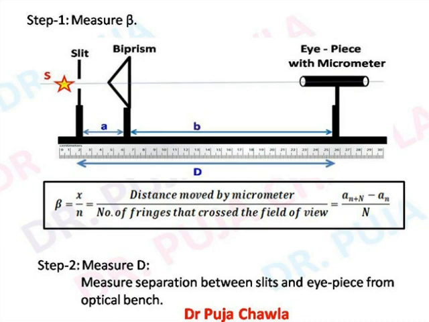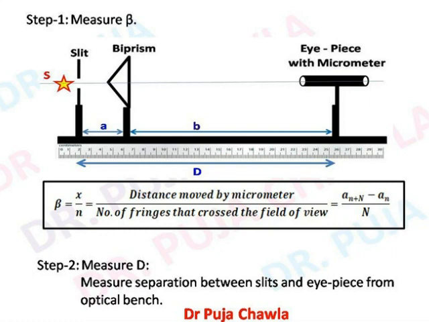Now I rotate this eyepiece and set it on the 11th fringe, and again note the reading, that means the position of the 11th fringe with the help of the micrometer. Now I have the position of the 1st fringe A1 and the 11th fringe A11.